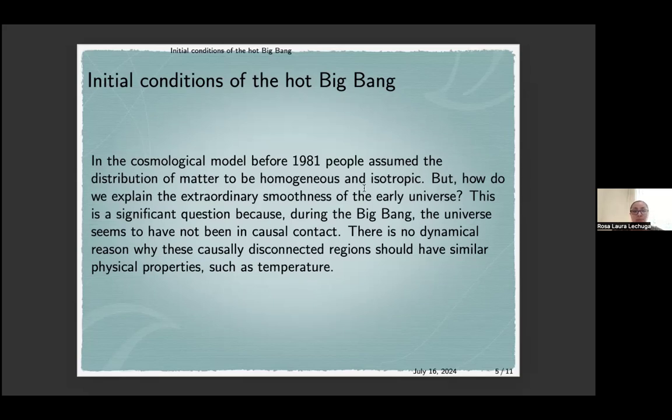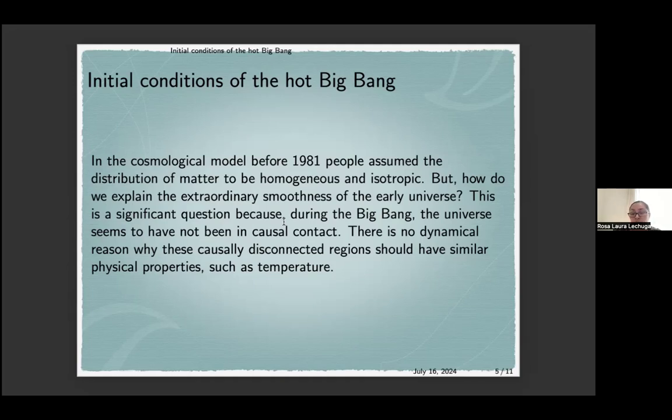So we are concentrating on the large regions. In that case, the universe looks extraordinarily smooth. So it's homogeneous and it's isotropic, but what is the reason because we observe the universe with that form?